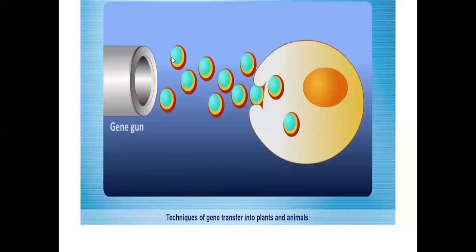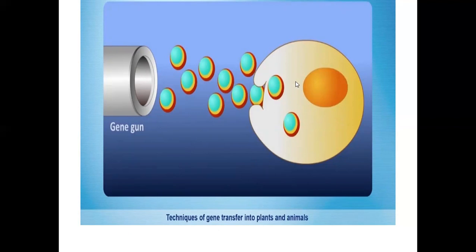Macro gene guns release large size tDNA bullets. tDNA bullets mean target DNA bullets. During the transfer of target DNA bullets into the target plant cells, the cell walls are ruptured.